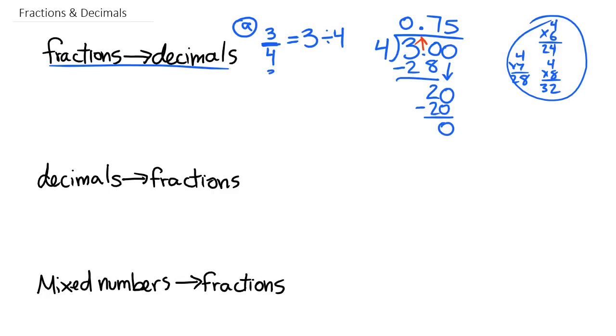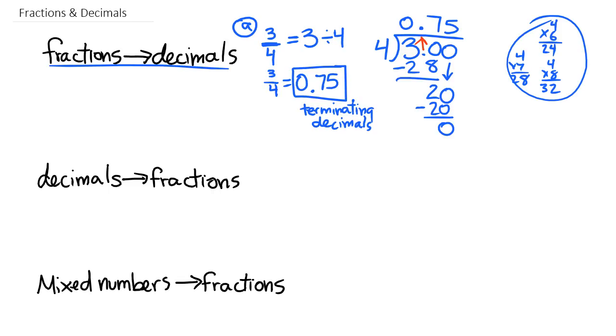So 3/4 is equivalent to 75 hundredths, or 0.75, and that is exact. There isn't any extra left over. It is what we call a terminating decimal, because it ends, kind of like the Terminator. He ended people's lives. Terminating decimals end.